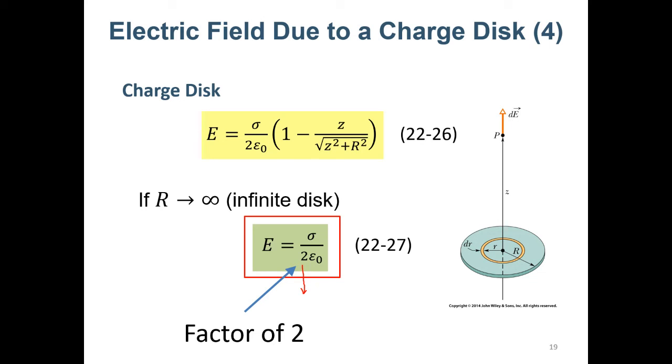When you add them together, they have the same energy. So this explains why there is a 2 in the formula that we derived in the previous chapter, and here we don't have this 2.